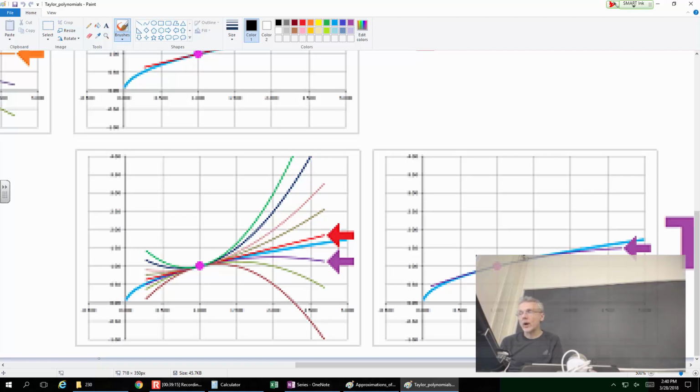The bottom one, the brown one, runs away too quickly, and everything in between is better. So it turns out there is a best quadratic approximation, and it is the one that shares the second derivative. So that's roughly how calculators do it.